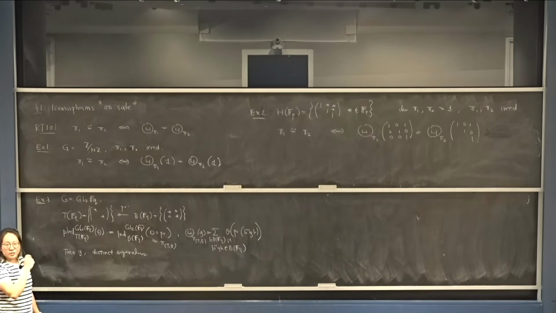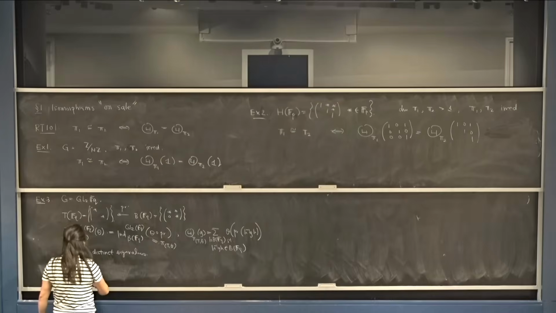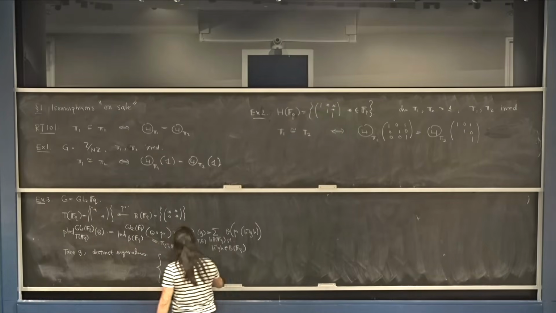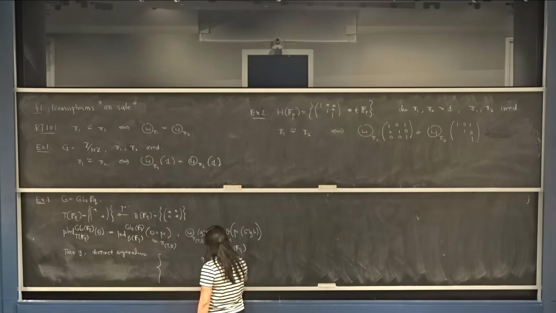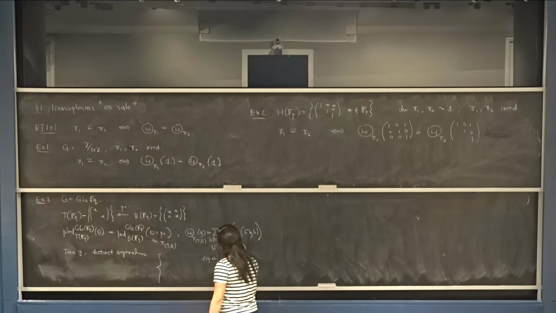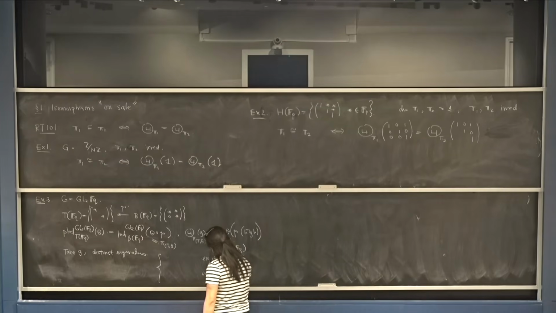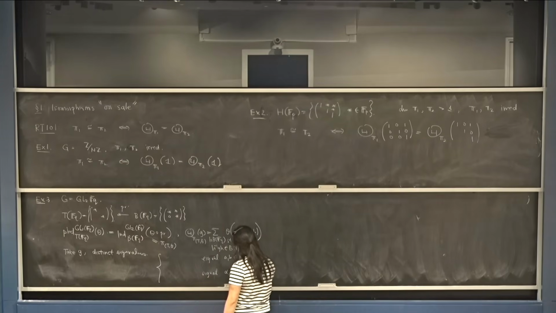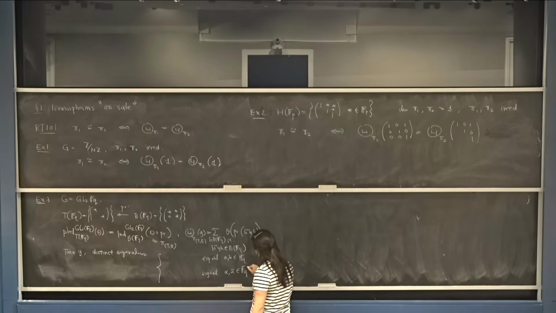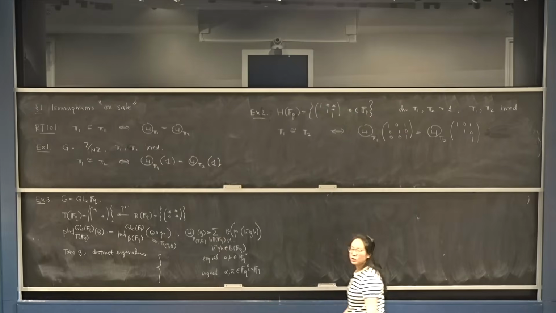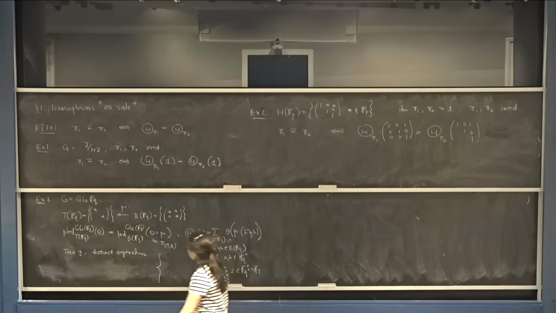That means the eigenvalues are either in FQ or they're in FQ squared. Those are the only two possibilities. So either g has eigenvalues a and b inside FQ, or it has eigenvalues alpha and alpha bar inside FQ squared, not in FQ.